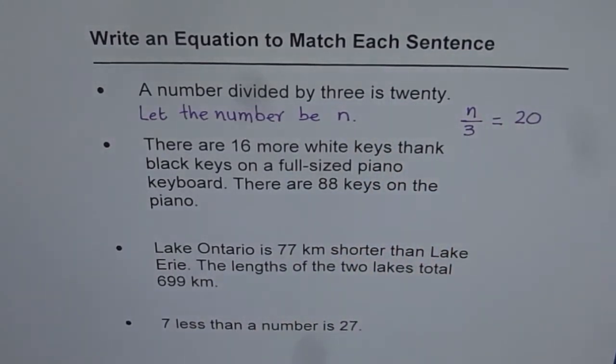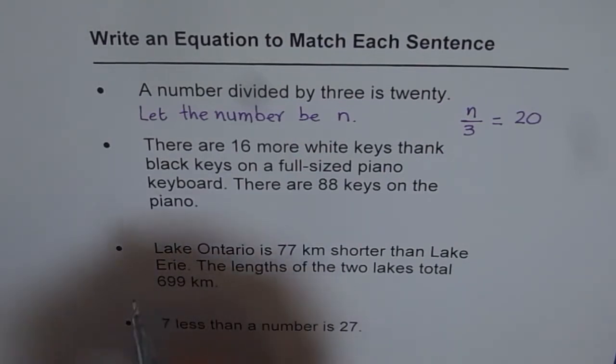Next one. There are 16 more white keys than black keys on a full-sized piano keyboard. There are 88 keys on the piano. That means there are two sentences here, right? One is saying the difference between white and black keys, and the other one is telling you the sum of these two. And two variables.